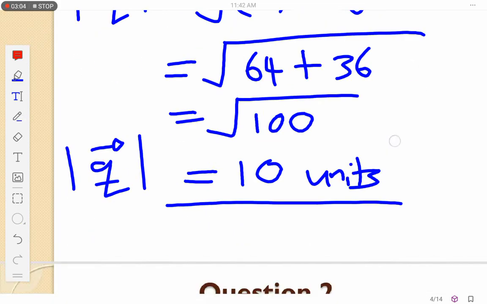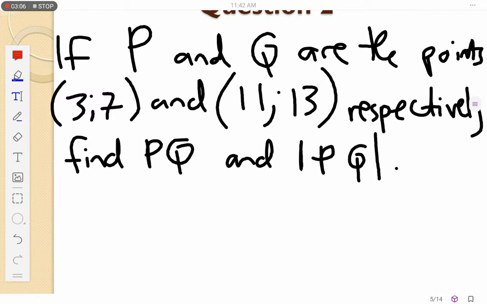Now let's go to the next question. This is saying that if p and q are the points, and we are given that p is this and q is that, respectively, find PQ. So we want to find this PQ, and then we want to find the magnitude there.